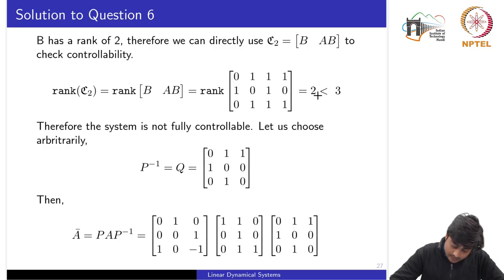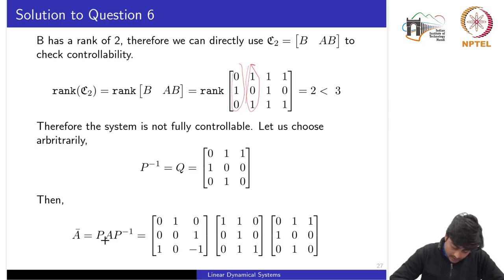So here we use the same method again, that we can find at most two linearly independent vectors which we can extract from this C matrix, and they happen to be the first two columns of the transformation matrix, and again the third vector has been chosen such that the Q matrix becomes a non-singular matrix.